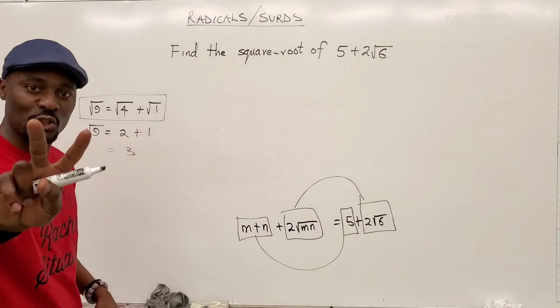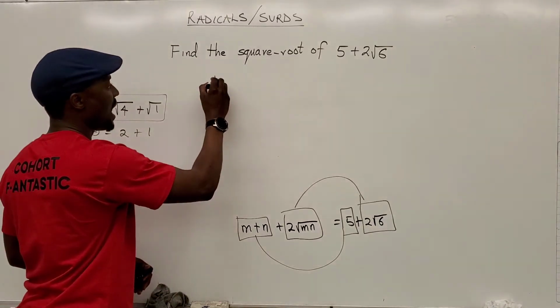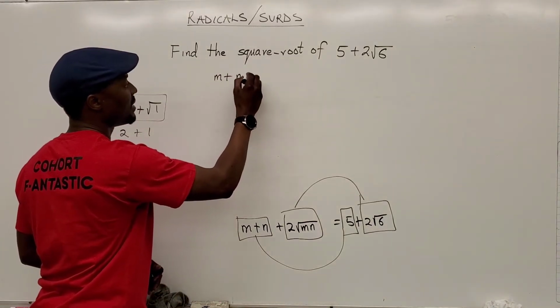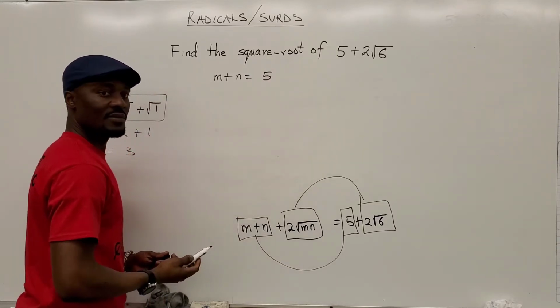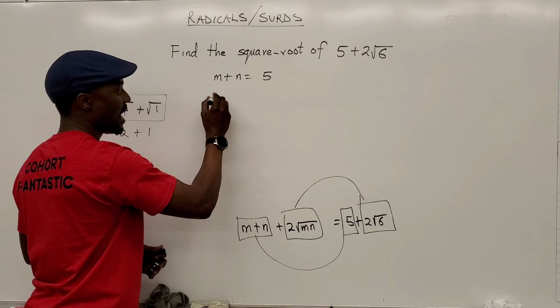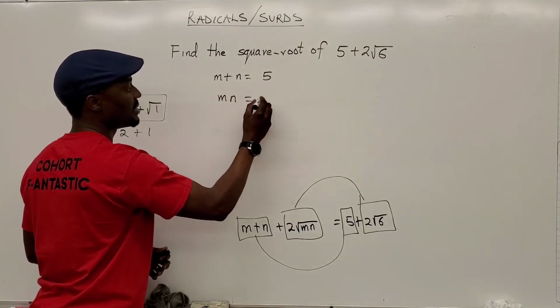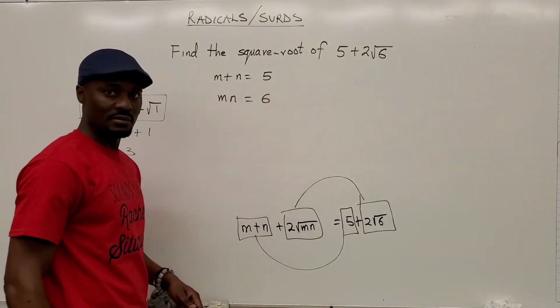So we can establish two equations. M plus N is the same as 5, and MN is the same as 6.